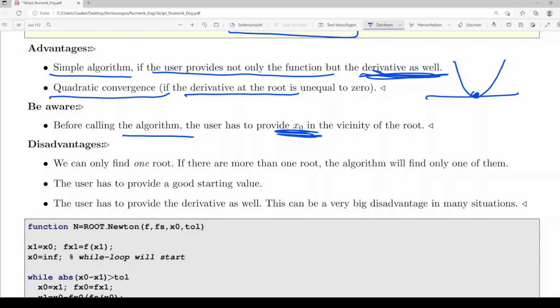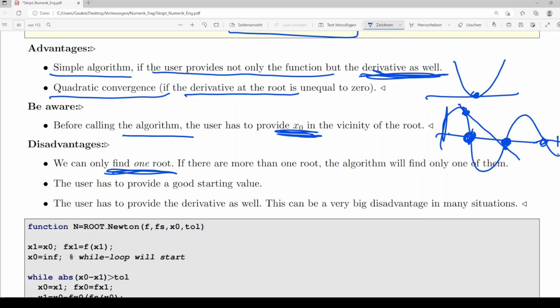Disadvantages: we can find only one root. We don't find all the roots if this is the situation, and we are interested in these roots 1, 2, 3, depending on the initial starting value. Maybe we take that one, then we find that root, and maybe we take that one, then we will find that root. So once more, if there's more than one root, we will find only one.